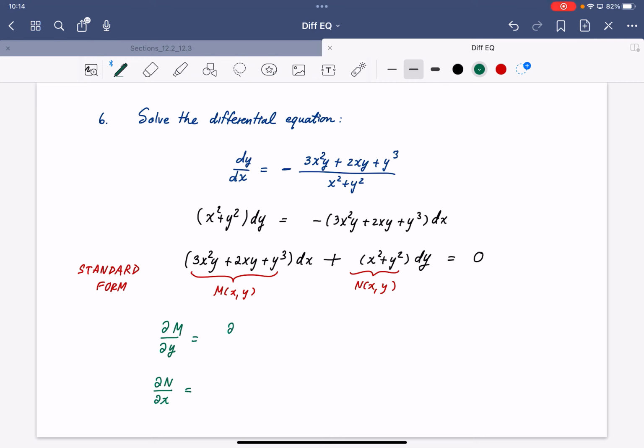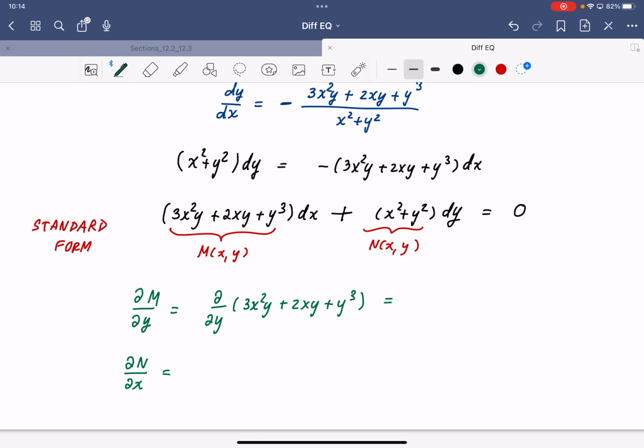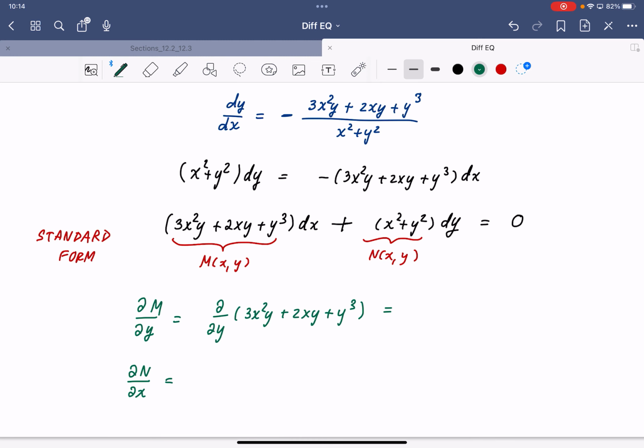So we're gonna differentiate 3x squared y plus 2xy plus y cubed with respect to y. This is pretty new to you. What you're gonna do is keep x as a constant and only differentiate y. So here you get 3x squared plus 2x plus 3y squared.